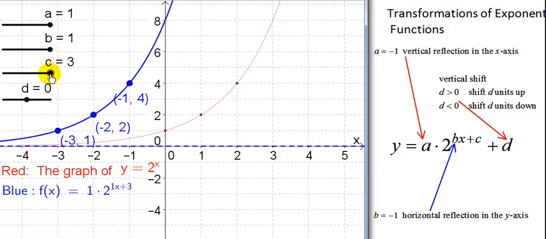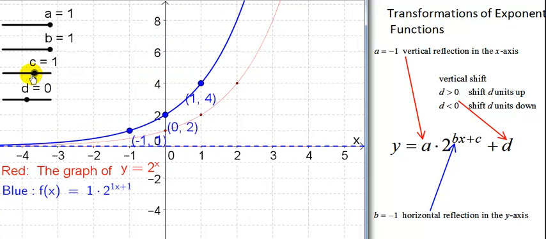Let's make c even larger. Let's make c equal to 3. Did all the points move 3 units to the left? Yes. And what happened to the asymptote? Well, if I take a point here on the asymptote and move it 3 points to the left, is it still on the same horizontal asymptote, y equals 0? Yes. So when c is positive, I'm going to move the graph to the left.